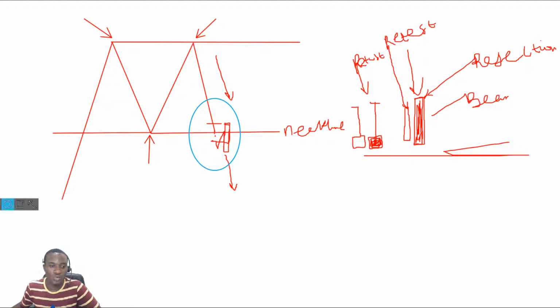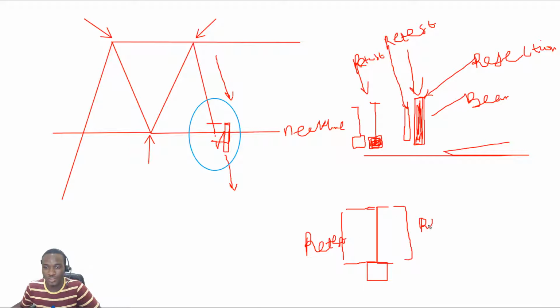So your bearish pin bar, whenever you figure it out on your trading chart at this level, it simply means here is the rejection, and also this one right here is the retest. Right here is the retest. Also it serves as the rejection bar.